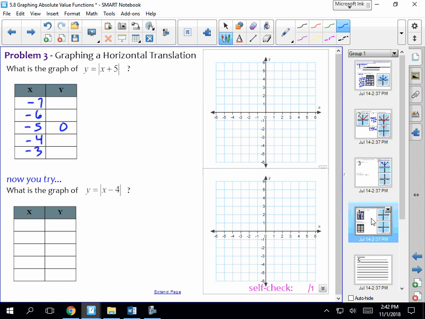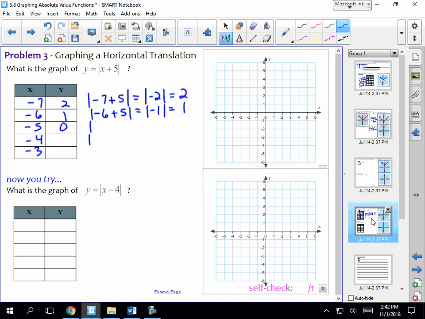So we're smarter here. If I put in -7, -7 plus 5 is equal to the absolute value of -2, which is 2. Then we plug in -6 plus 5, which is the absolute value of -1, which is 1. And then we put in, well, that one we already did.